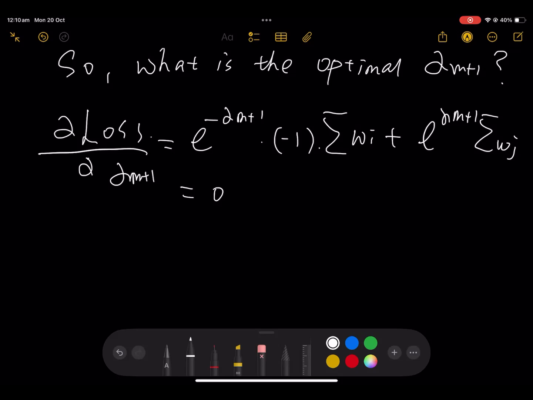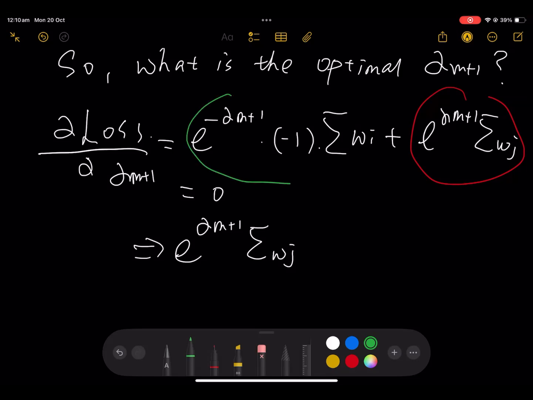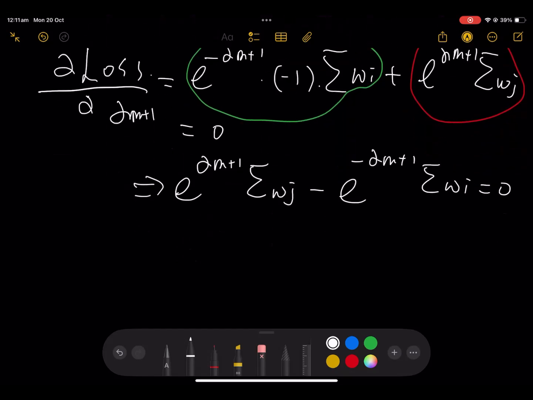To find the optimal alpha_{M+1}, we take the derivative of the loss with respect to alpha_{M+1}, and we get this expression. Note that I still use the same color code.